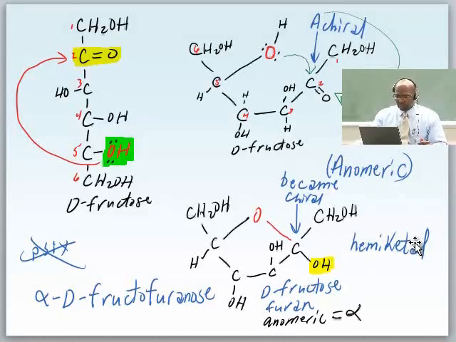This is a hemiketal that we formed. It's still D-fructose. It's a 5-membered ring, so we call it a furan. The anomeric carbon has the OH down, so it's alpha. And so the name of this compound is alpha D-fructofuranose. Everyone okay with that? Lots of information. We spent lots of time today on one reaction. But that's okay, we went over isomers first.